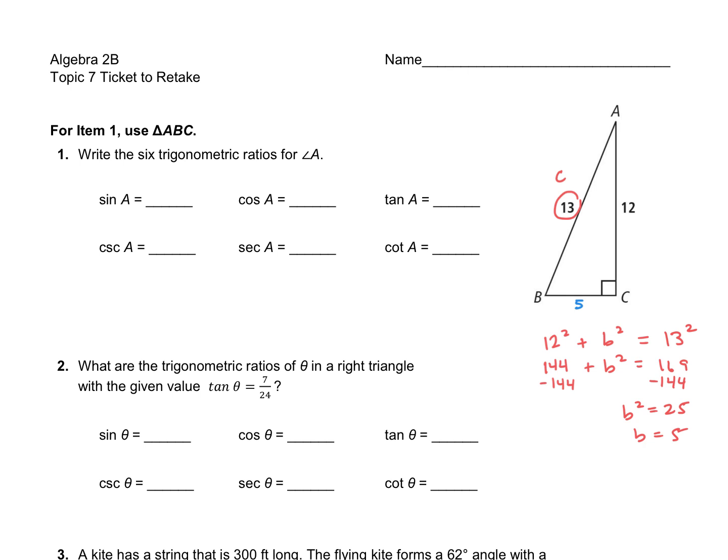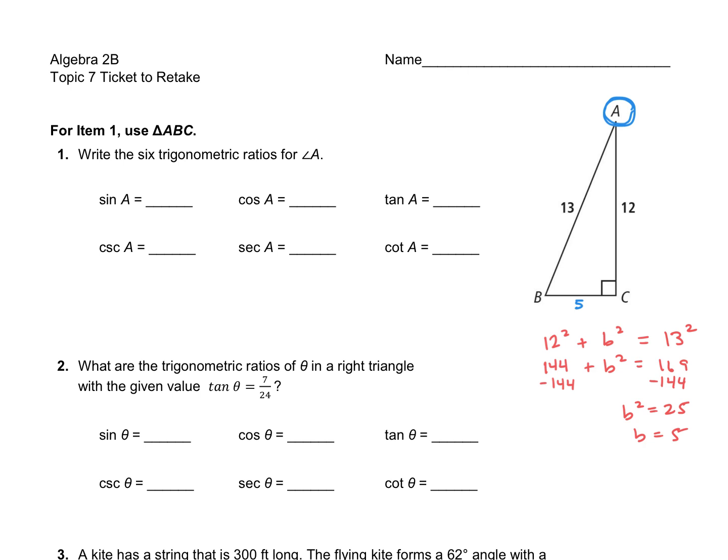All right, so we need to evaluate the 6 trig ratios for angle A. So we are going to focus on angle A. Maybe I will erase that over there. And I actually want to circle angle A. We want to label our triangle with our three sides, the opposite, the hypotenuse, the adjacent.